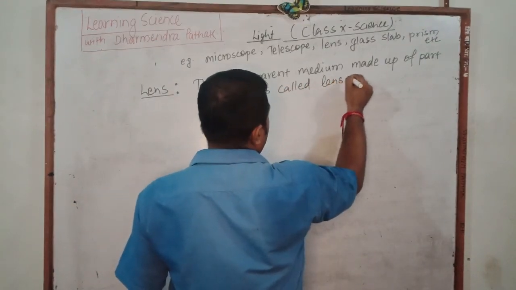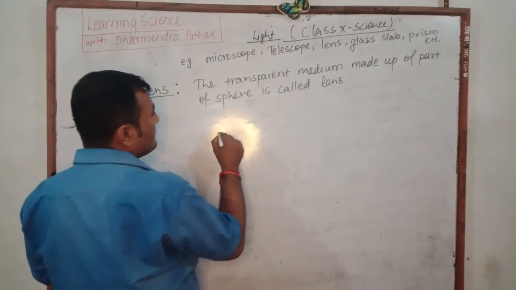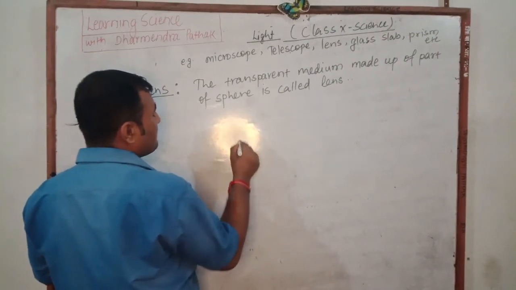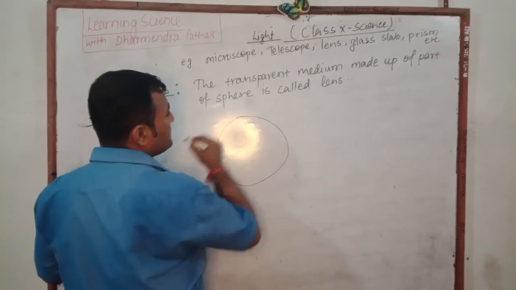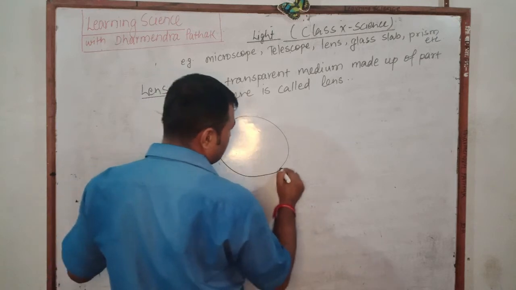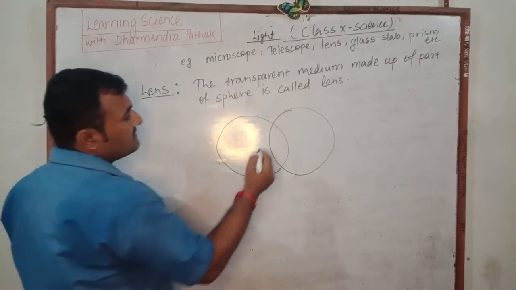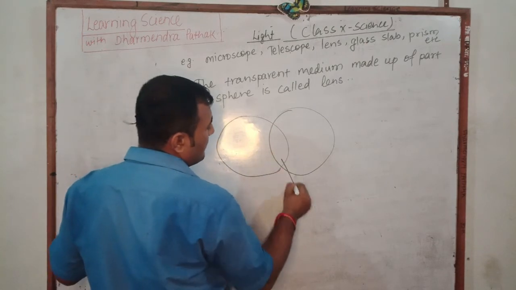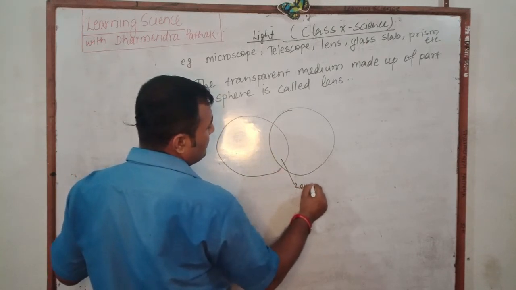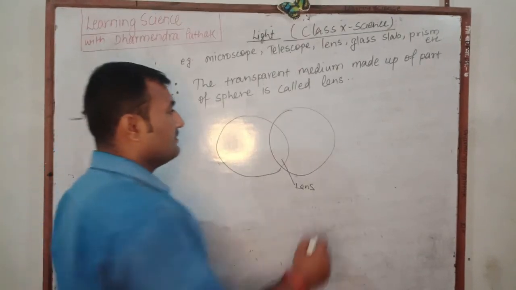Suppose we take two spheres of any transparent medium. When they intersect each other, then the central part acts like a lens. It is part of two spheres.